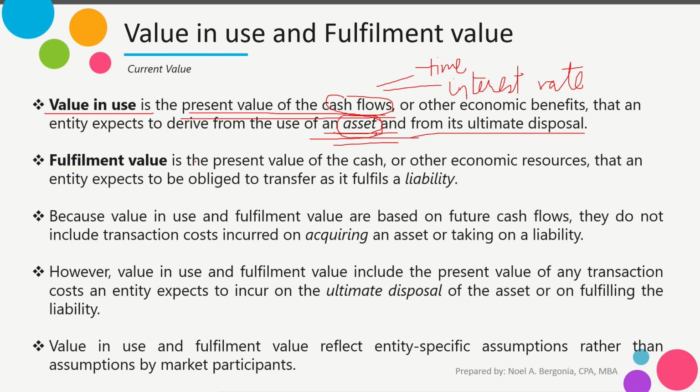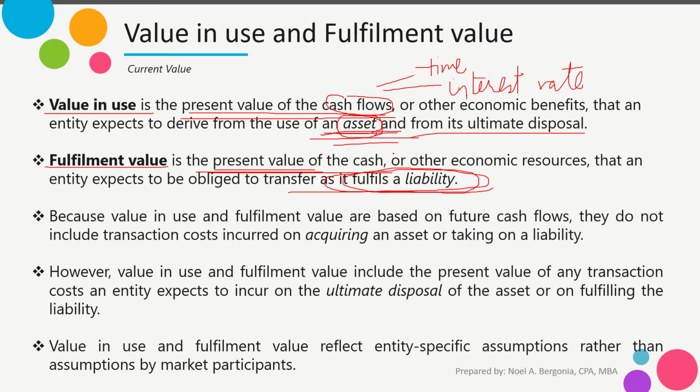Samantalang, okay, a fulfillment value naman is a present value of cash, okay, and other economic resources that you are expected to transfer to fulfill a liability. So expectation amount that you will be paying in the future. Okay, so i-compute mo yung present value. What's the value today of this particular liability? Yung value in use. What's the value today of that asset?